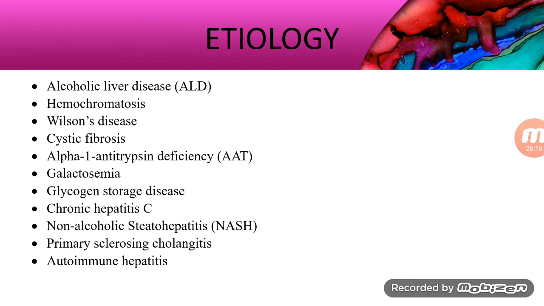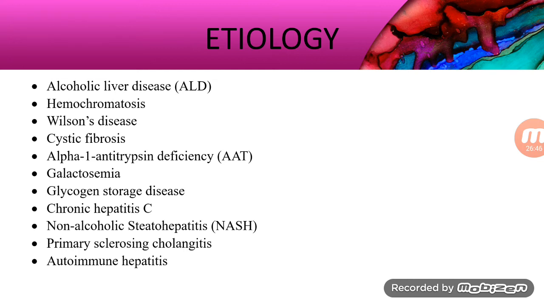The function of storage of glycogen is done by the liver. So in this glycogen storage disease, the body cannot convert the stored glycogen into glucose, due to a metabolic imbalance. So due to that disease also liver cirrhosis can occur.